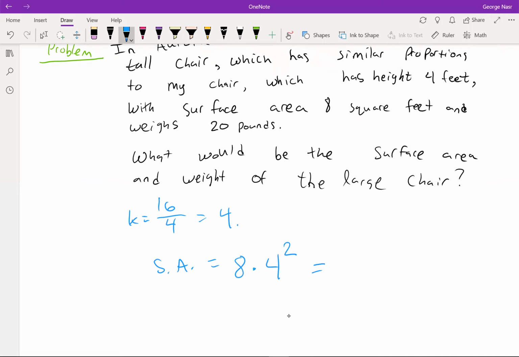which is 8 times 16, which is 124. Or wait a second, sorry, 128. And the volume, or sorry, we're not doing volume, the weight. Remember, how do we convert the weight? If the weight of the chair is 20 pounds, then I can take the scale factor and cube it.